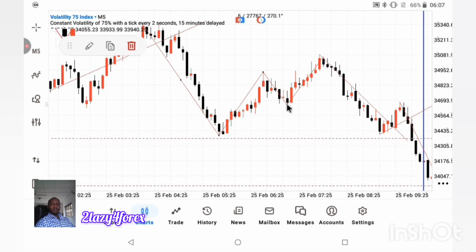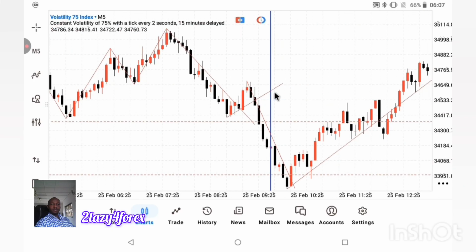You would have done this as price moves, not when you are ready to enter the trade. You would have done this. This accurately marks the highs and lows, even better than zigzag indicator. That's a funny thing.